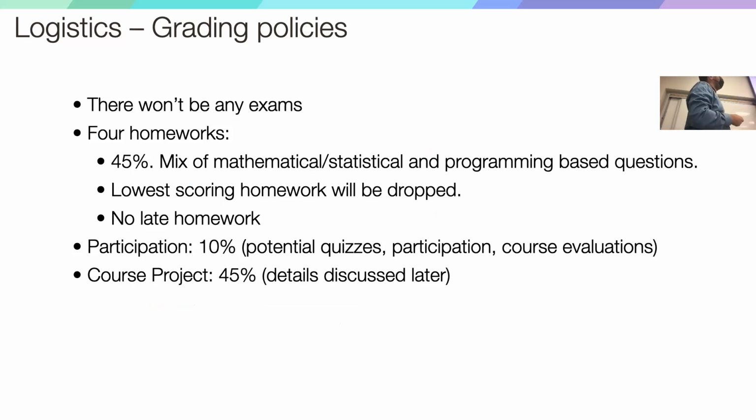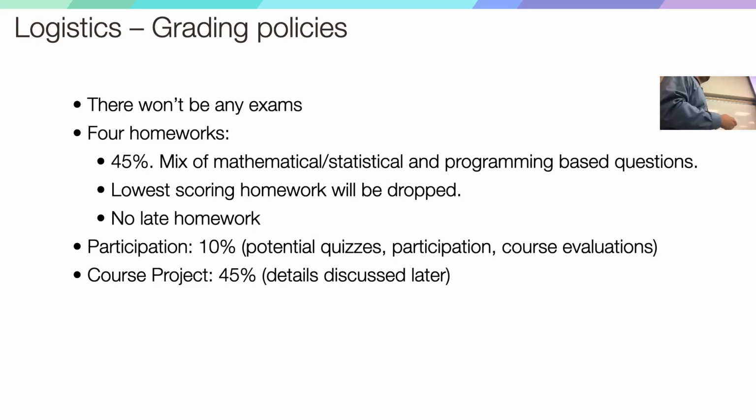They're a mix of mathematical homeworks and statistical and programming-based questions using PyTorch, typically with some easy model to implement. There are no late homeworks. To compensate, the lowest scoring homework will be dropped, so it won't be taken into account. Students typically prefer that option.